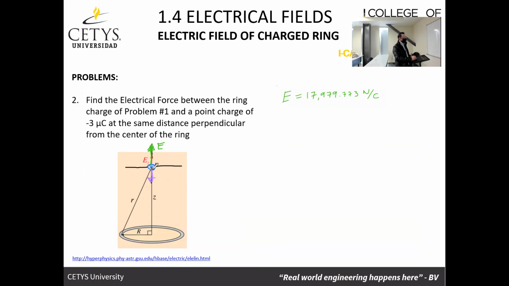I'm going to call this FQ. In this case, Q is going to be equal to minus 3 microcoulombs. And remember that we're putting the sign here just as a reference. We don't use the sign for the calculations because it might be misleading. And the force FQ.